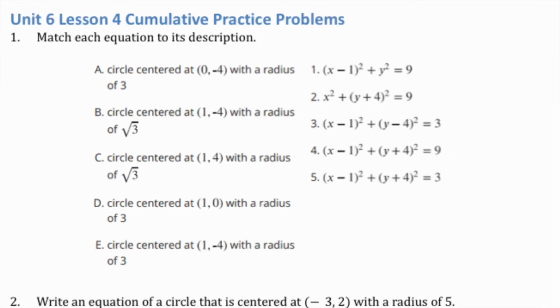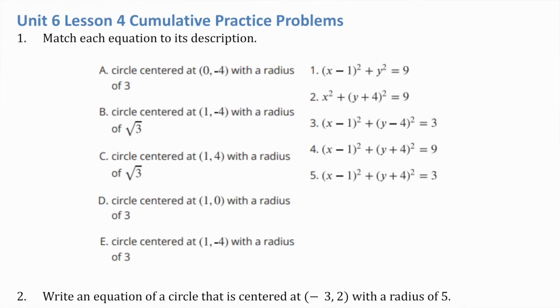I'm going to start looking at A. A circle centered at (0, -4) with a radius of 3. We learned that there is h, k, and r. This means that h is 0, k is -4, and r is 3.